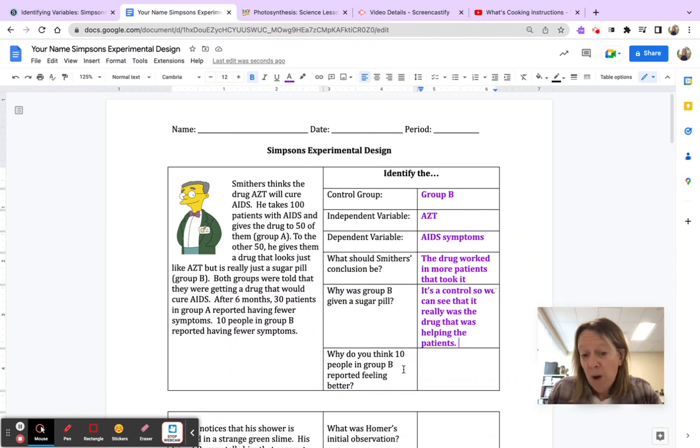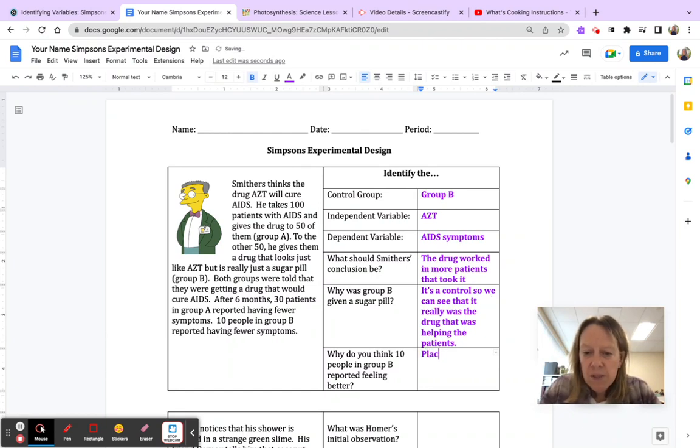Now, the next question, why do you think 10 people in group B reported feeling better? There's a lot of reasons, right? They could have just gotten better. Or maybe it was a little psychological and they felt like, oh wow, I'm seeing a doctor, I'm getting treated, I have this new experimental medication. And that's called a placebo effect, right?